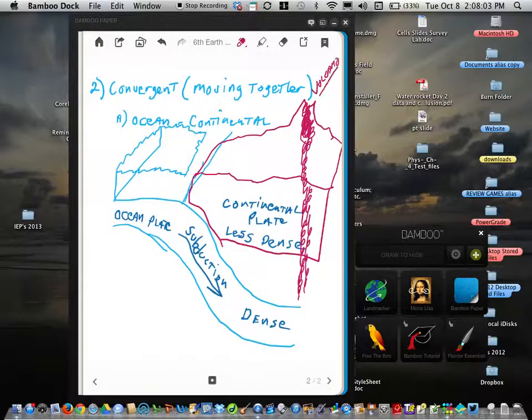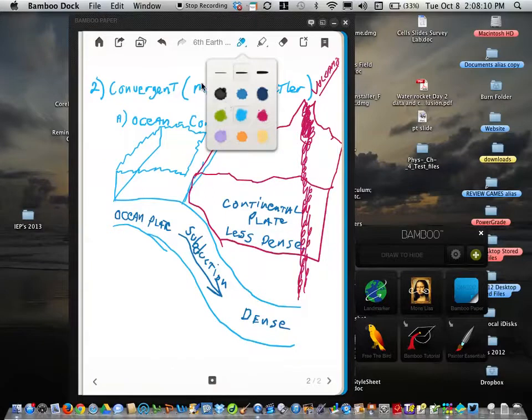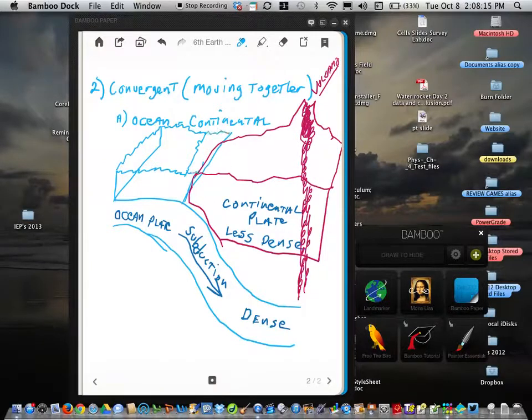Volcanoes. So there's the volcano. Now, this is happening right here in our area.